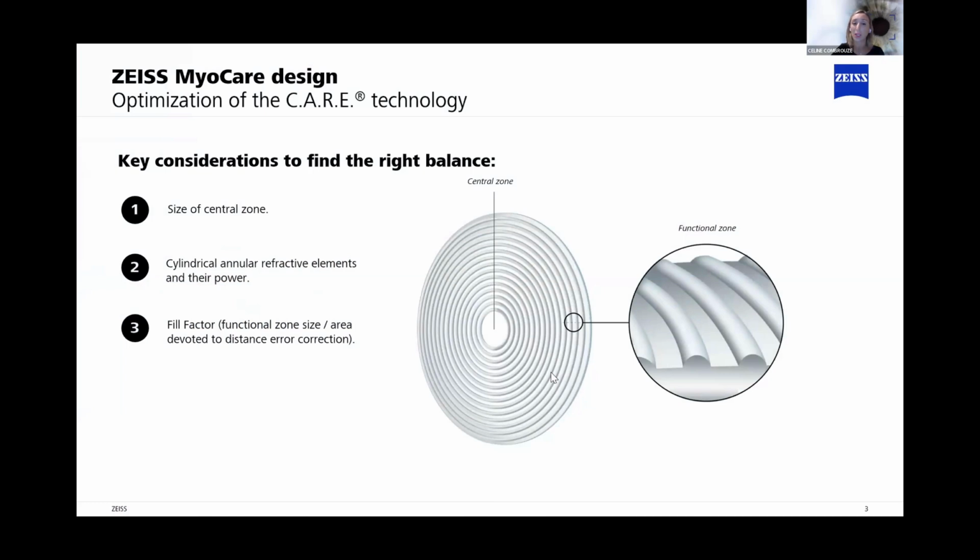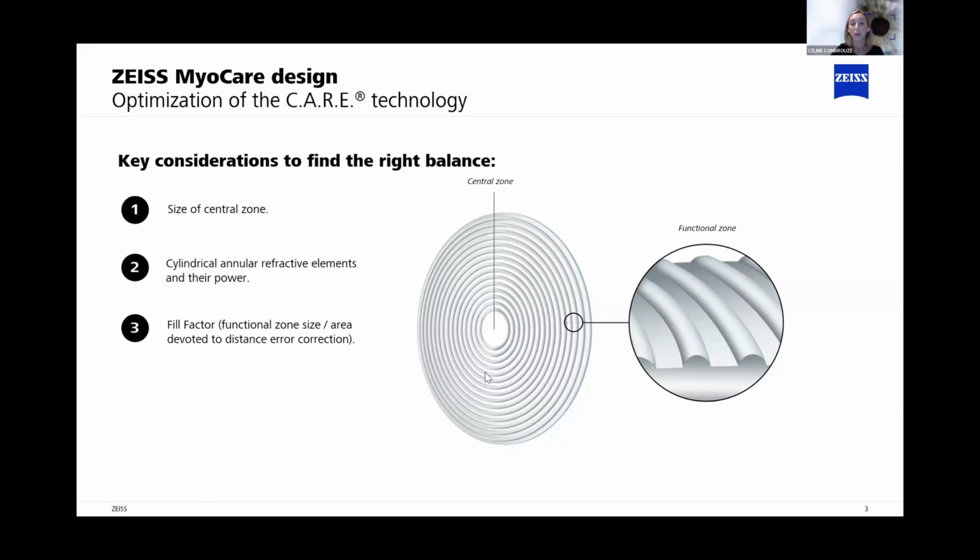It's available since 1 year already in UAE and now available in many different countries in the region. This lens is going to slow down myopia in children. You have the design here. So we have a central zone. Then we have what we call a functional zone, where we are going to add additional power thanks to the care elements.